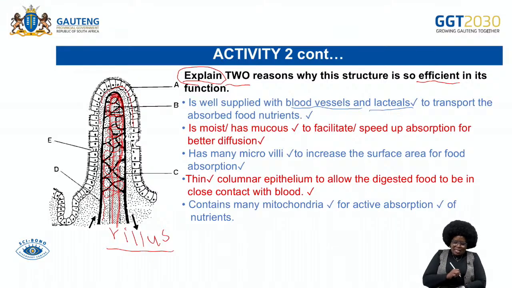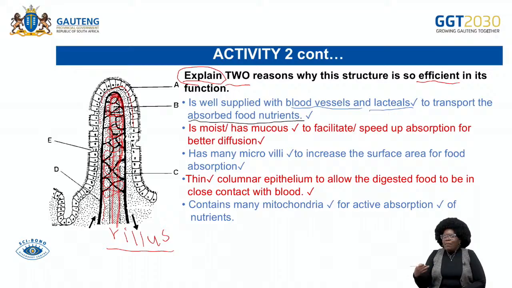So we are saying that it is fully supplied with the blood vessels and the lacteal, which is going to assist to transport absorbed food nutrients. Because anyway, there must be a transport system. Food nutrients must be transported.